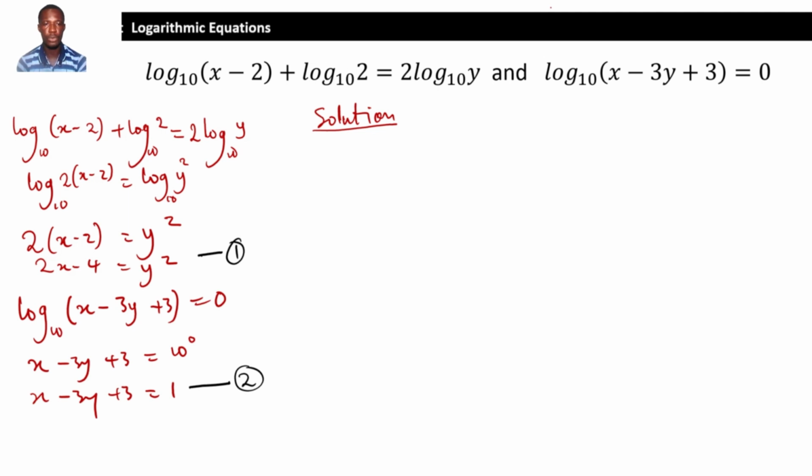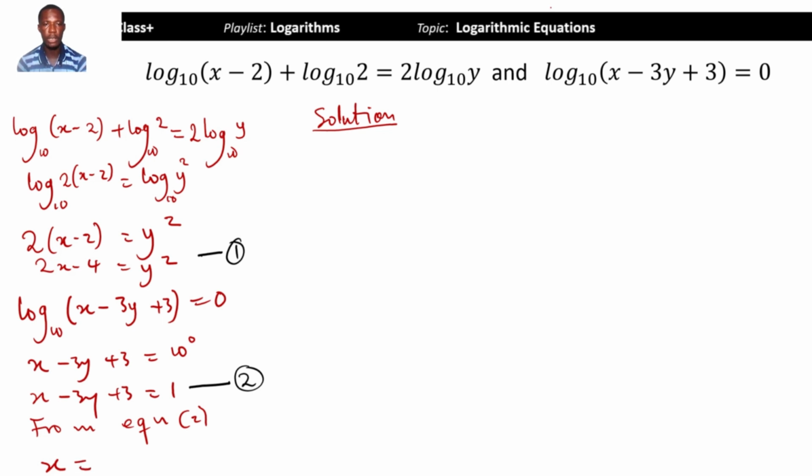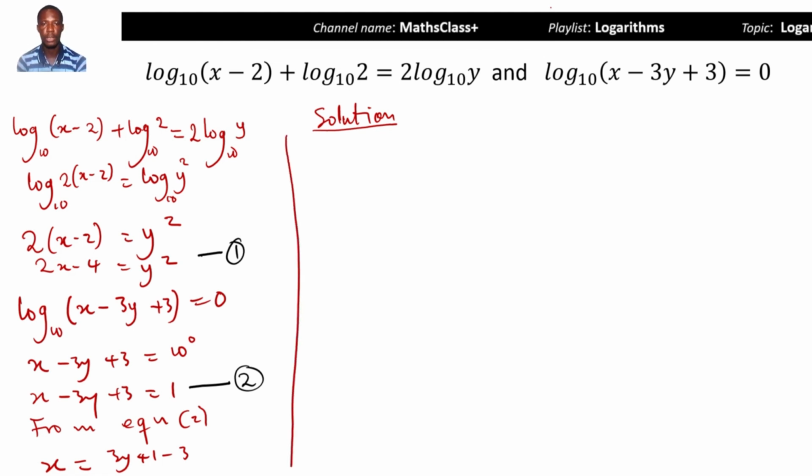Then from equation 2, I will make x the subject and obtain x is equal to 3y plus 1 minus 3, which will be x is equal to 3y minus 2.